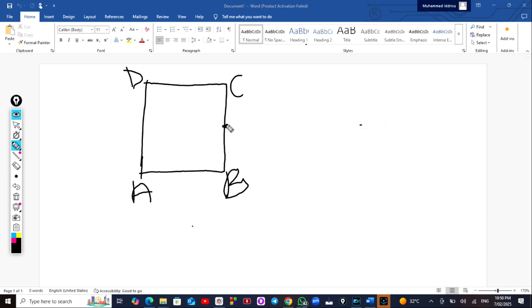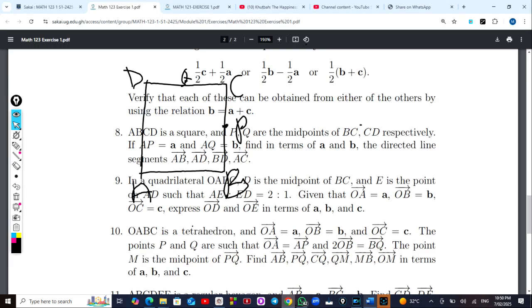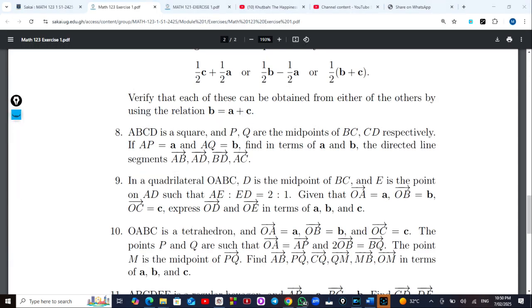So here P is the midpoint of BC, and Q is the midpoint of CD.